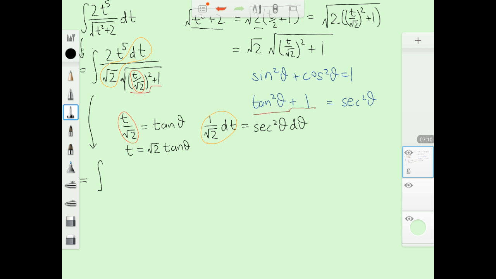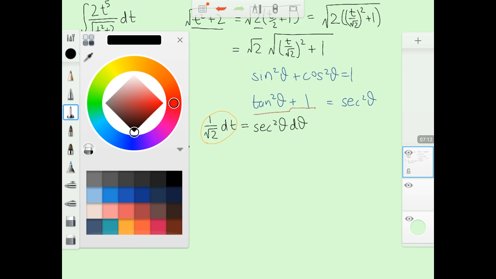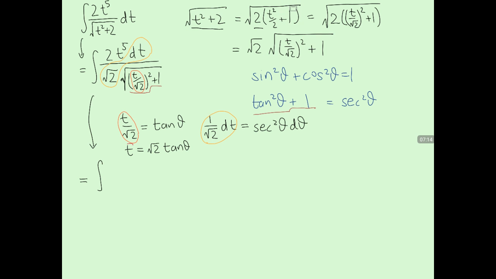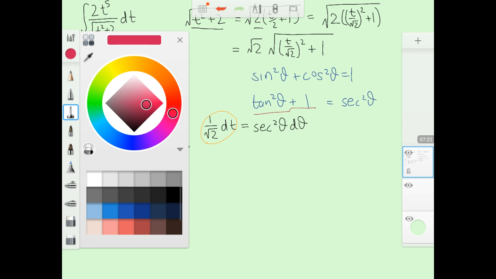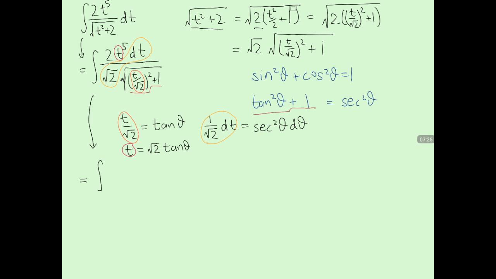So now all of the t's can be replaced by root 2 tan theta. So now everything seems set. Let's go on and do our substitution. So we have our 2. We have our t to the 5th. So this is just going to be root 2 tan theta to the 5th.